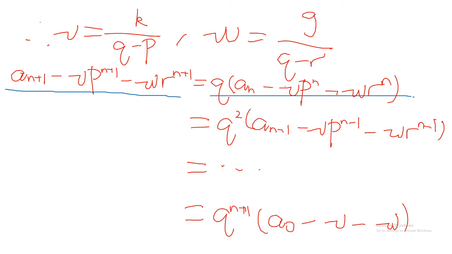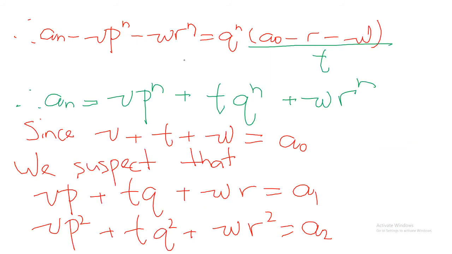We apply the given formula again and again until we do it n plus 1 times. We get an plus 1 minus v times p to the n plus 1 minus w times r to the n plus 1 is q to the n plus 1's power times a0 minus v minus w. This is also a constant, right?